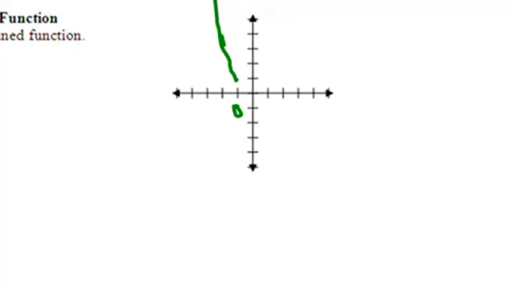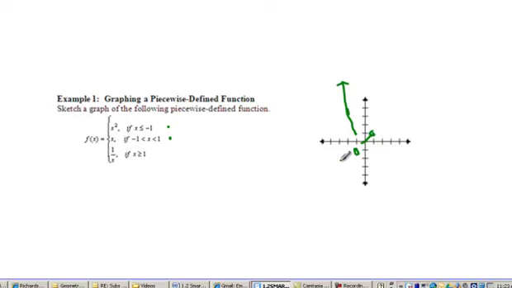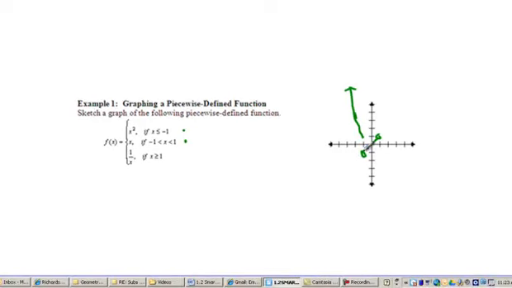Okay. I'll start here and do my closed circle. And then there. And last but not least, I have the reciprocal function when x is greater than or equal to 1.